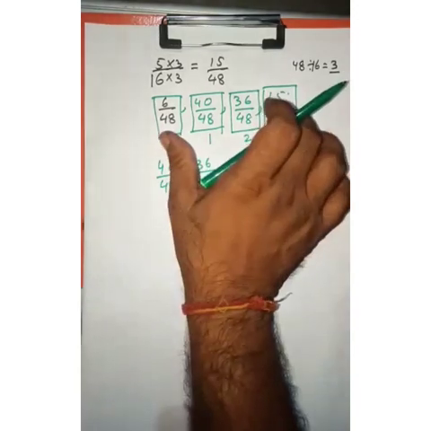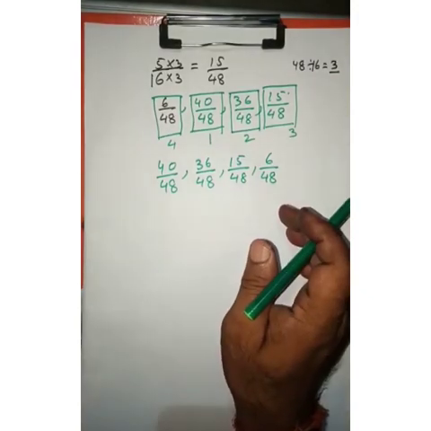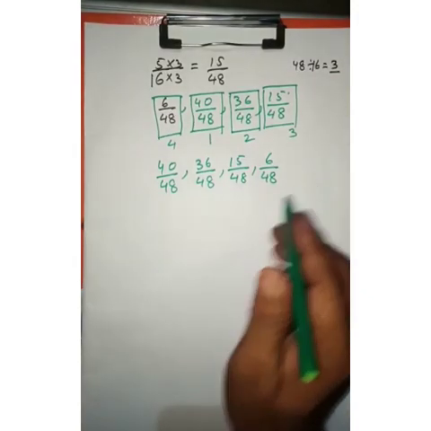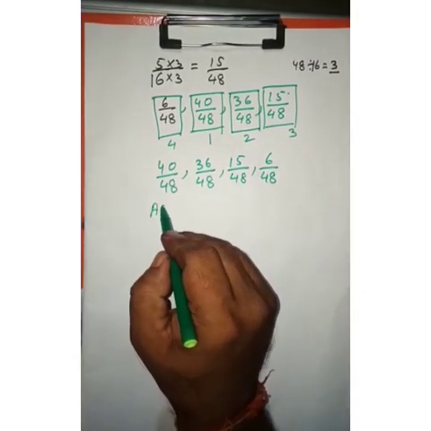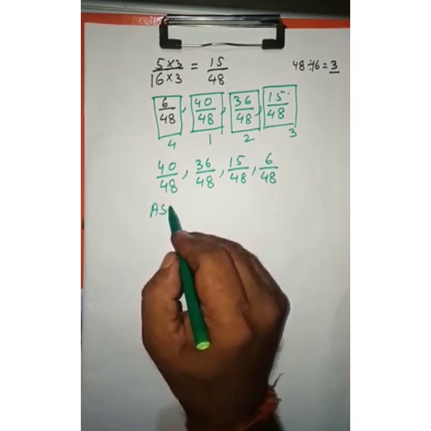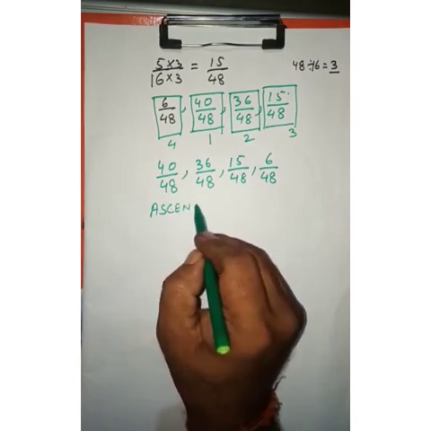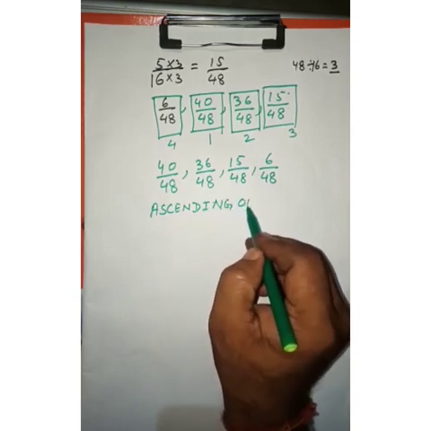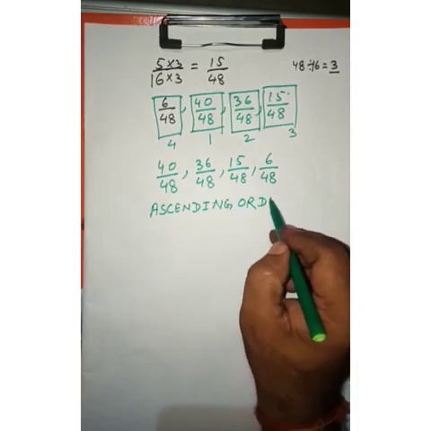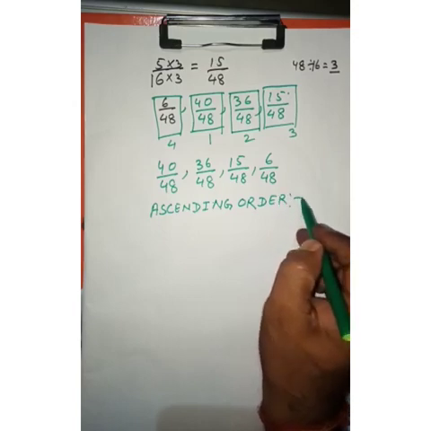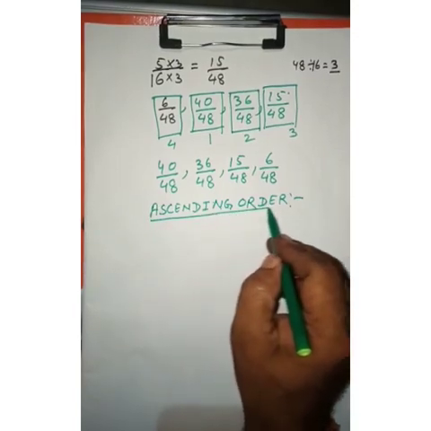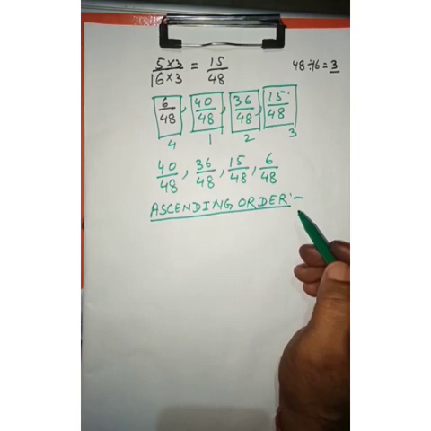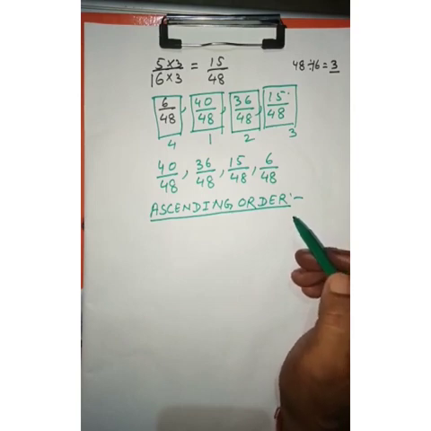Now these fractions we can arrange in ascending order and descending order also. Okay, we can write ascending order. In ascending order, how do we arrange the numbers? From small to big.